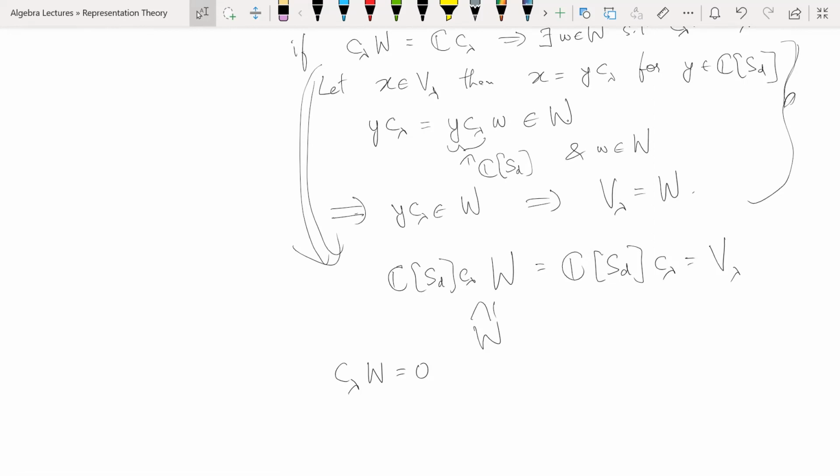This also implies that V lambda times W is 0, because any element in V lambda is something times C lambda. So V lambda times W is 0.